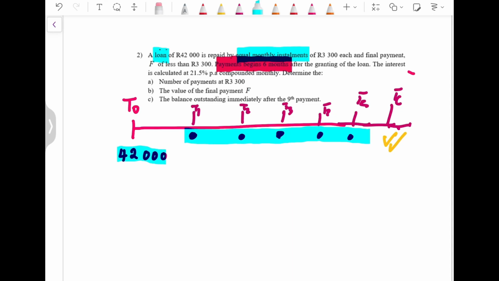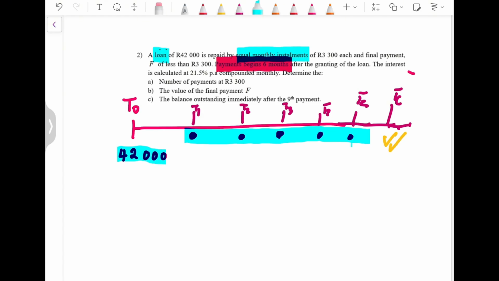There are no payments being made, so that is not an annuity at the beginning, because for an annuity there must be equal payments that happen at a regular time interval. If there are no payments, the amount that is in the bank will be growing in compound interest for 5 months, because at T6 the payment is being made.